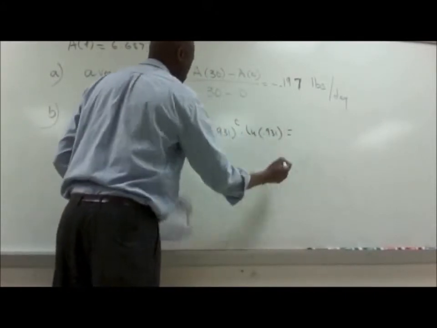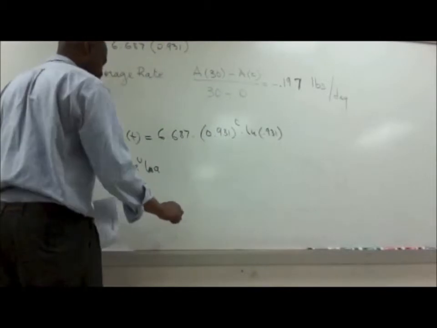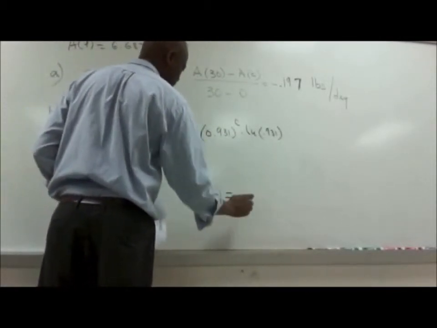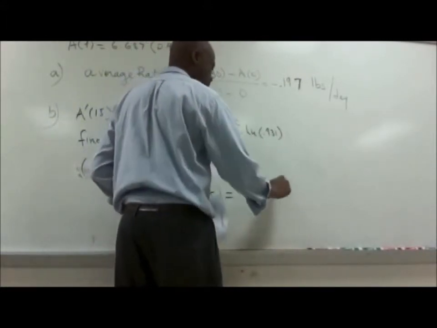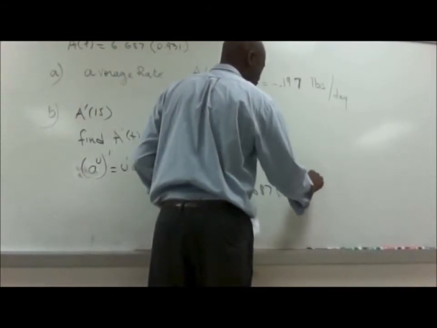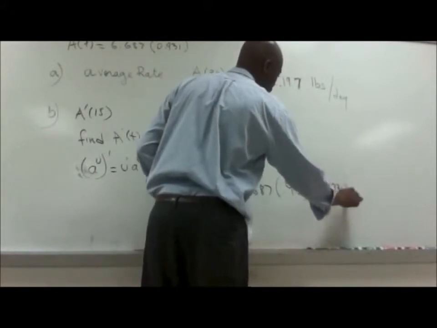That's how you do it. Then on the final derivative, you find A prime of 15, which is 6.687 times 0.931^15 times ln 0.931.